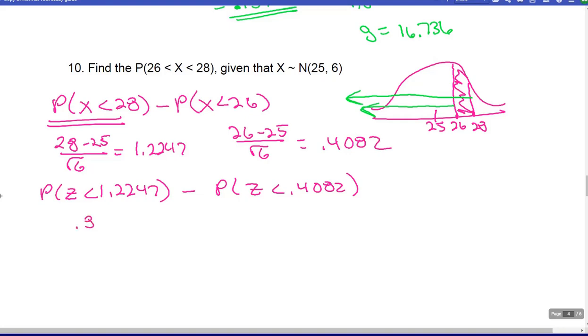0.8896 for the first one, and then for the other one, and for the second one, 0.6584. See, now I got to do a subtraction.